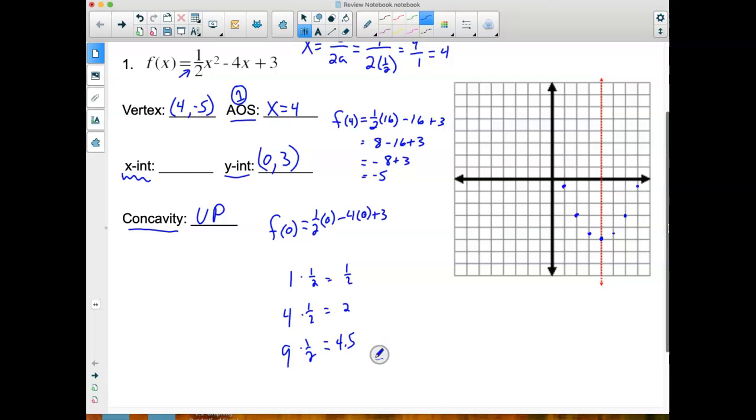I can see my y-intercept here at 0, 1, 2, 3, and I can reflect that one 4 units across.